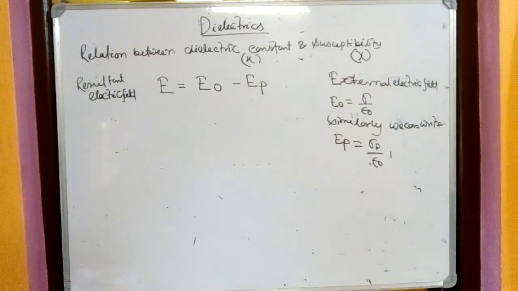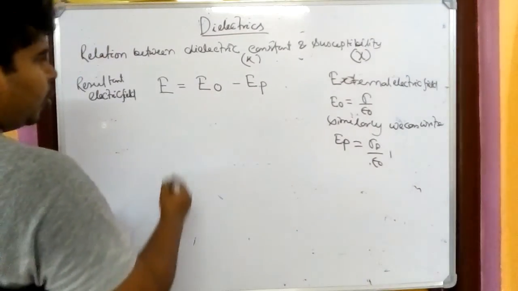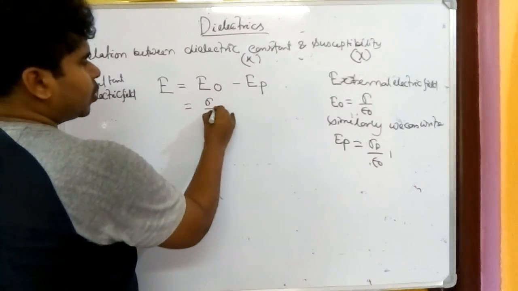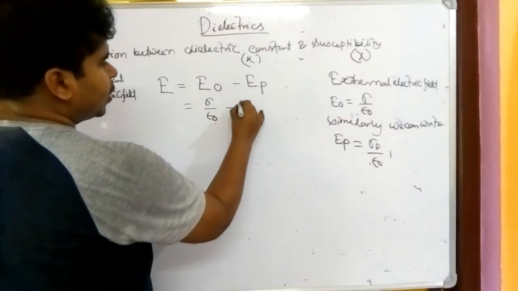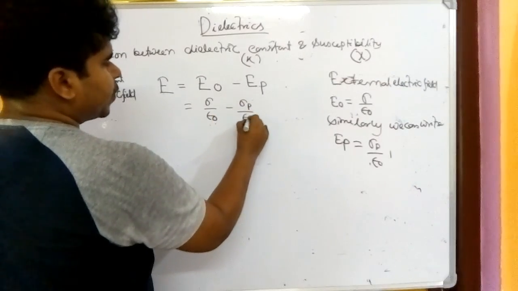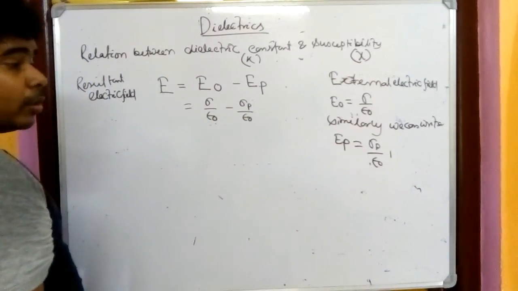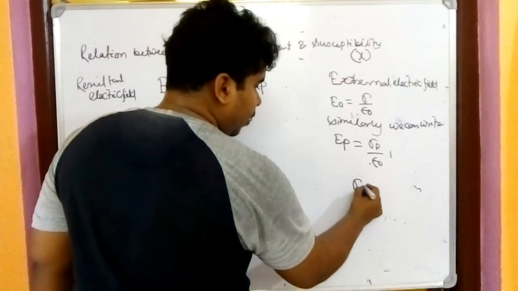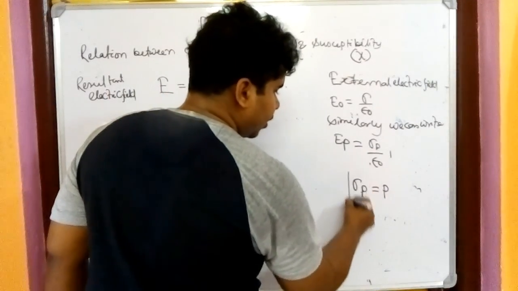What is sigma P? Sigma P is the charge density, charge per unit area in a dielectric. We have seen it earlier. So here we can write E0 equals sigma by epsilon naught, and EP is sigma P by epsilon naught. We have done one more thing, that is sigma P equals P.